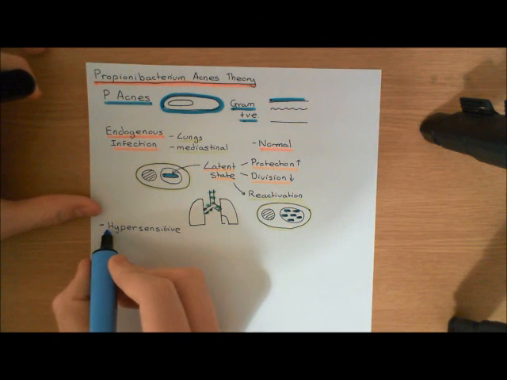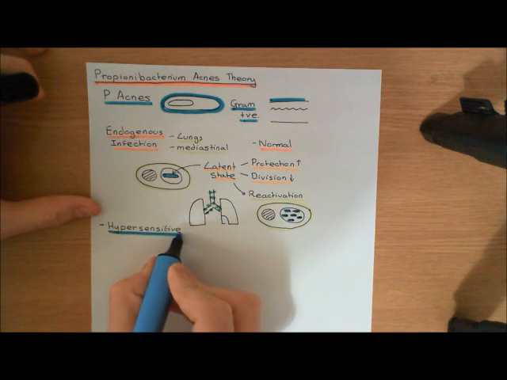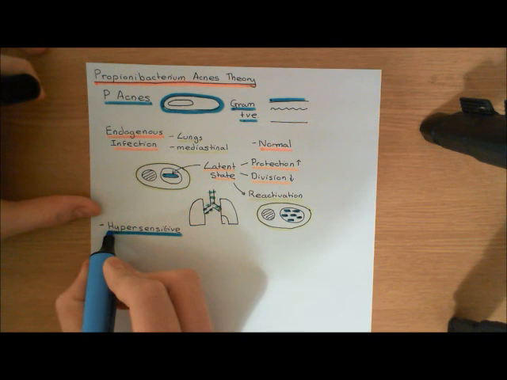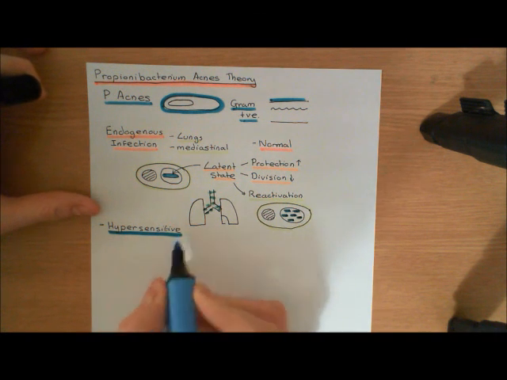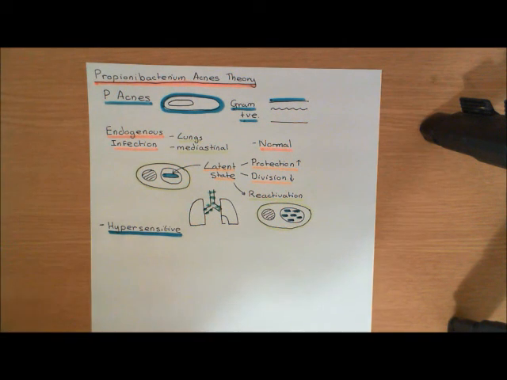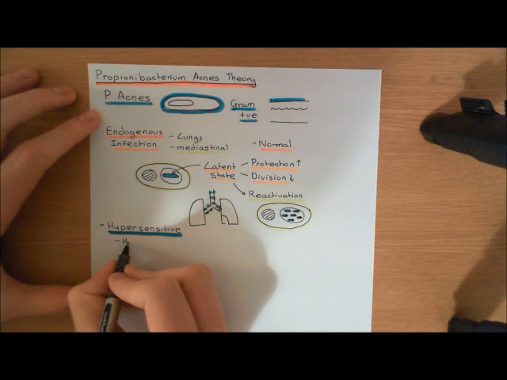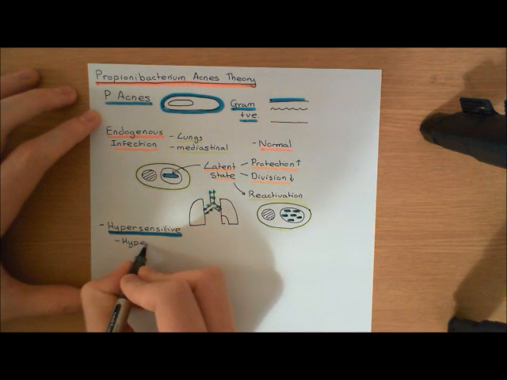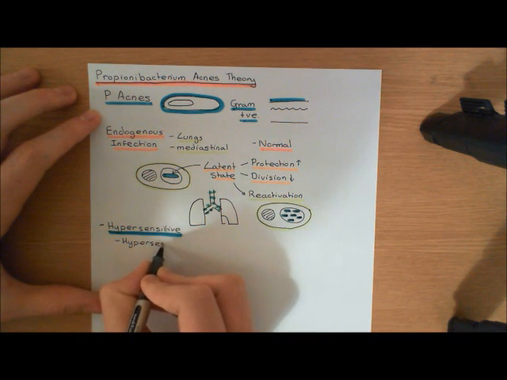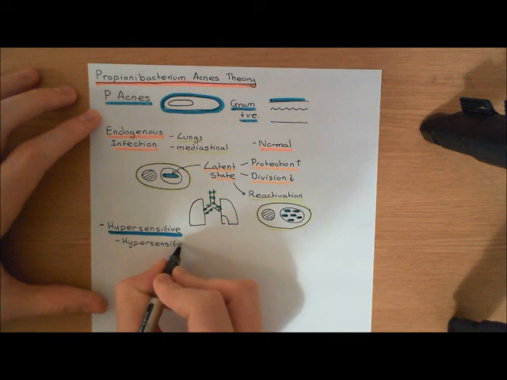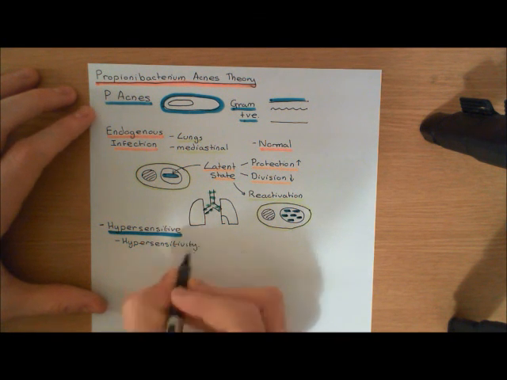So this is what we would describe as a hypersensitivity reaction, if indeed this is the correct theory of sarcoidosis. It's not necessary, and therefore it's a hypersensitivity response. We are launching it against something that doesn't really warrant it.